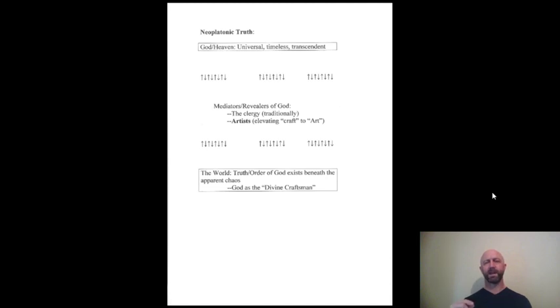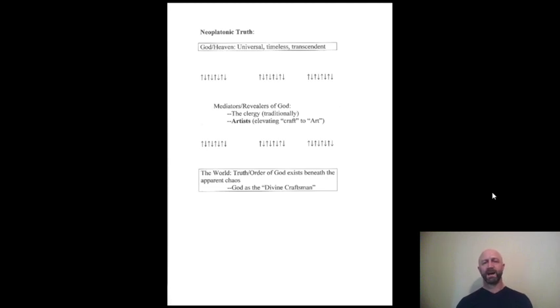So you get kind of Plato in there, Plato's idea of the realm of forms, being like God in heaven, universal, timeless, transcendent, the generator of all things in this world. But you also get a little bit of Aristotle, because Christians believe that God made this world and he's perfect, so there must be something of his perfection in this world. And you get something of Christian theology, right? God is the divine craftsman. There must be something perfect in this world.